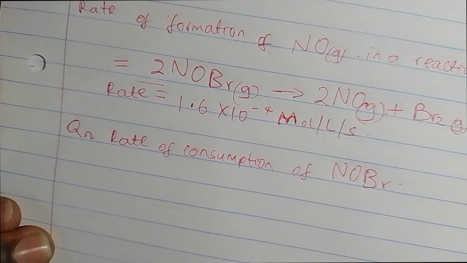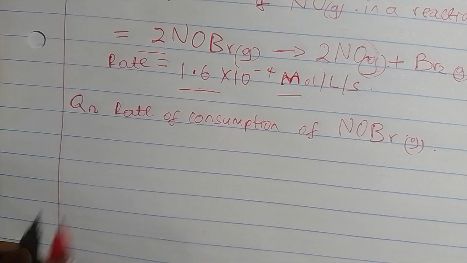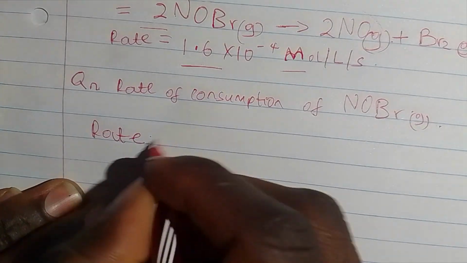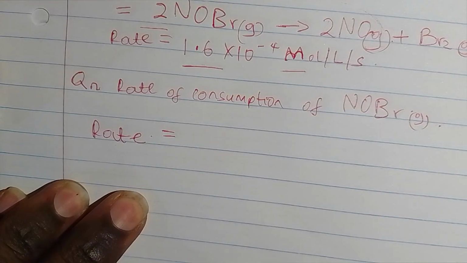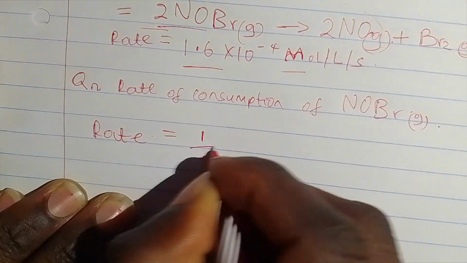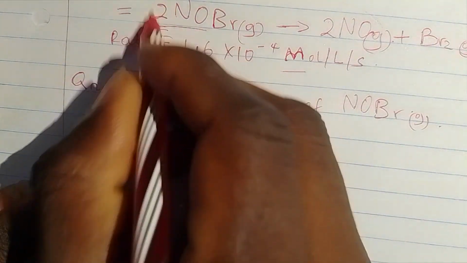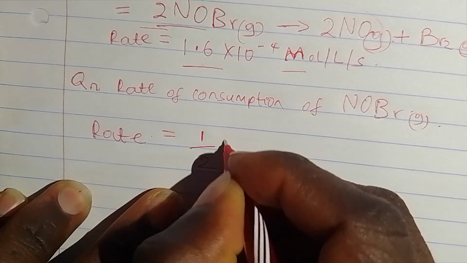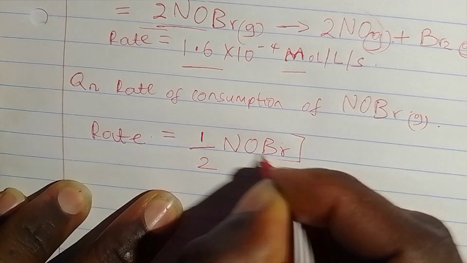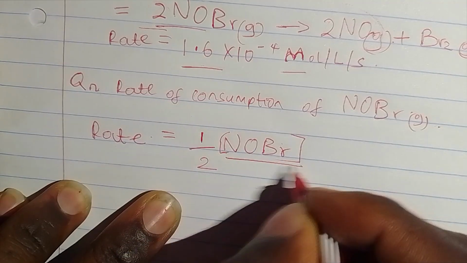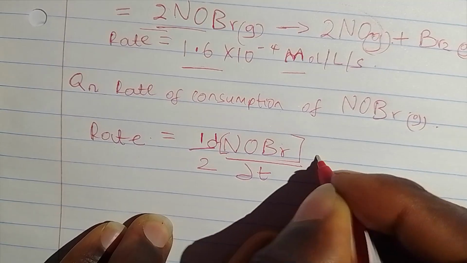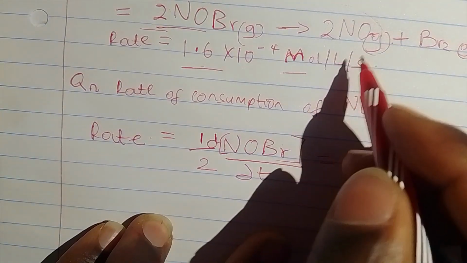We said that the rate for this chemical reaction will be given by minus 1/2 d[NOBr]/dt.